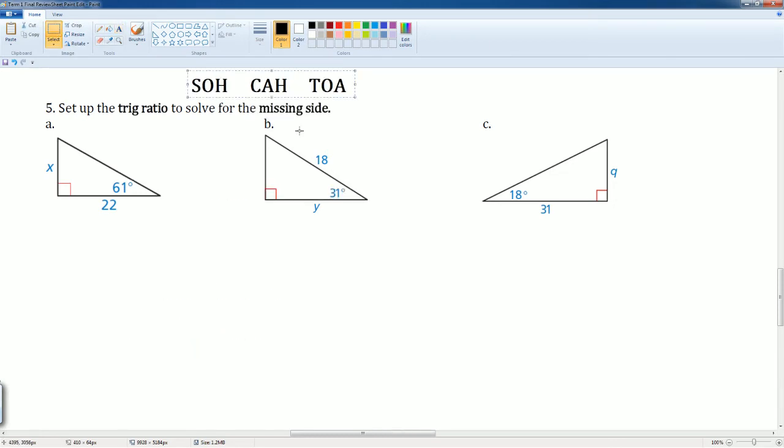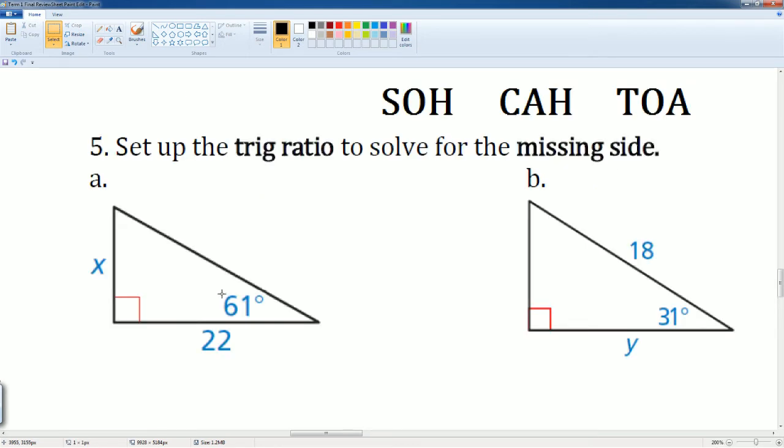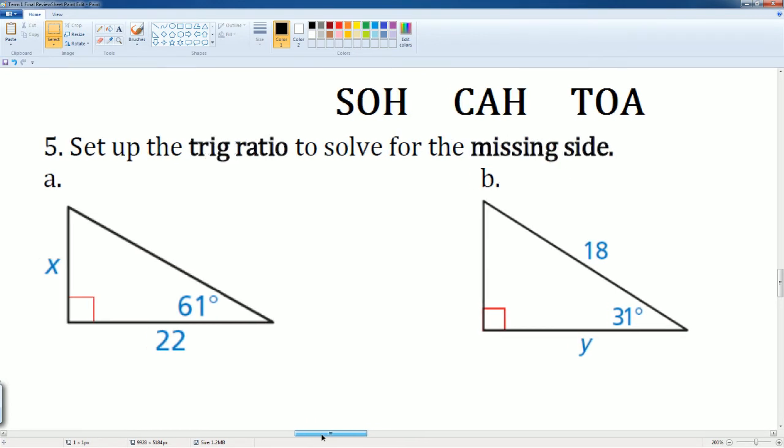Okay, so let's do the first one, which is just A. We're just setting up the ratio to solve for the missing one. So start by drawing our triangle. We saw that 22 is my adjacent. Then X is my opposite, so that is our TOA, because I have adjacent and opposite, so that's my tan.